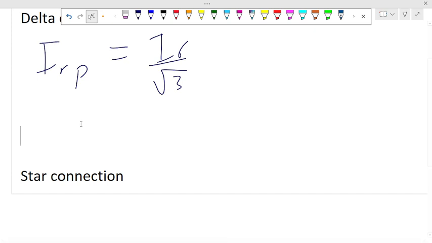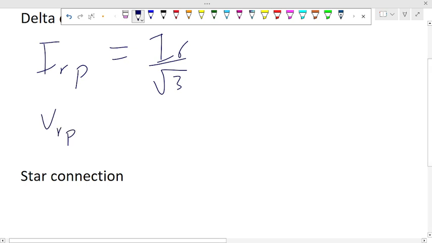Now this is for a delta connection. Then the voltage for a delta connection, for one line, that's what we mean by per phase, is the same as the voltage for the 3 lines.